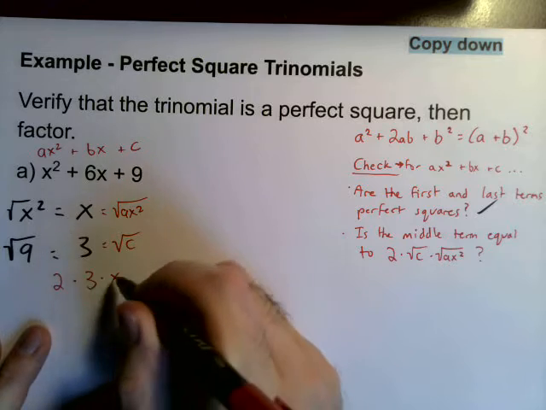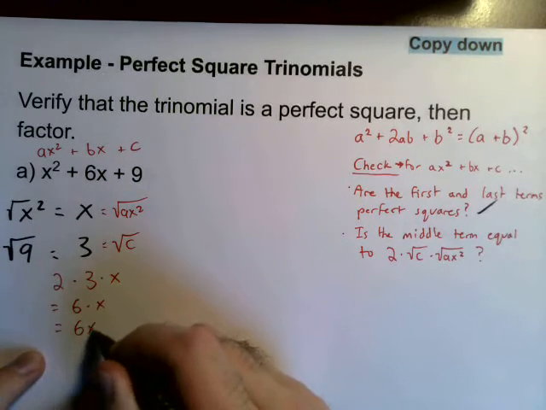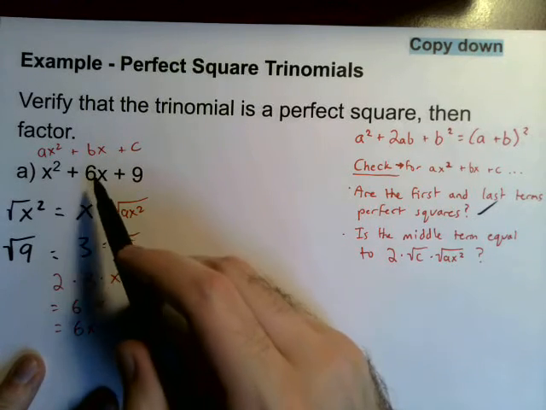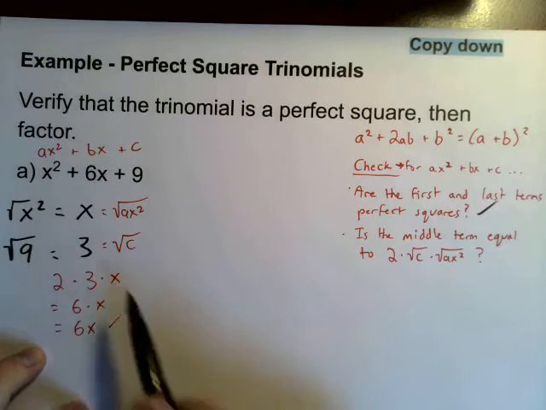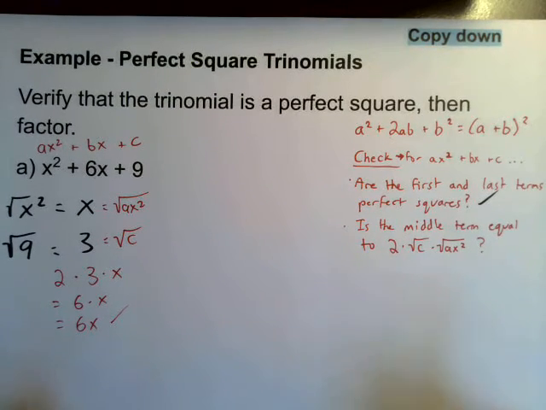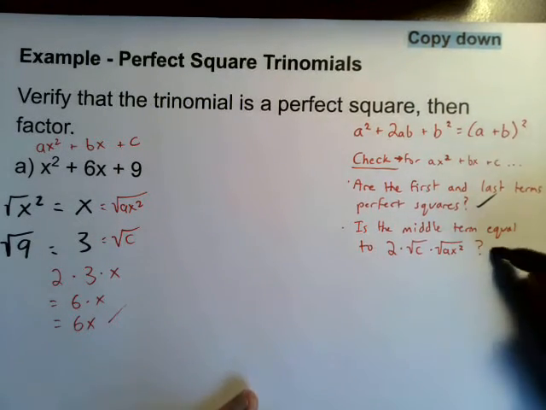So 2 times 3 times x, that will be 6 times x, which is 6x. And then is the middle term equal to that? Well, we have 6x, yep. So just from there, we've determined now that this is a perfect square trinomial. Both of those conditions have been met.